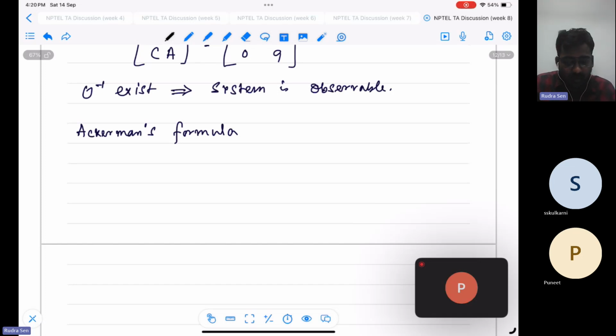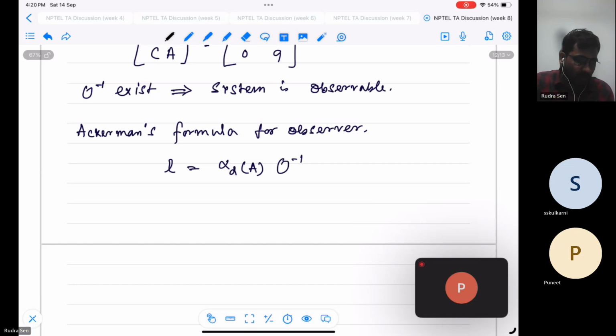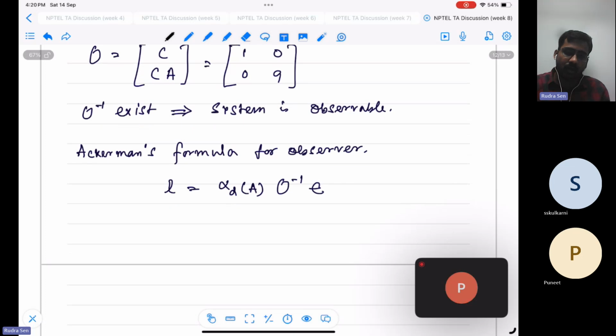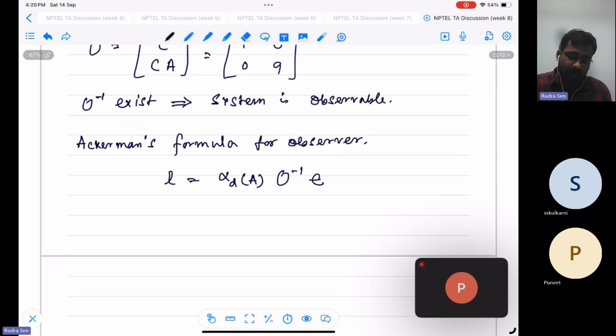Ackermann's formula for the observer, where L is my gain, is L equals alpha_d(A) O inverse E. In case of controllability, it was E transpose C inverse alpha_d(A), so it is basically the transposed one.